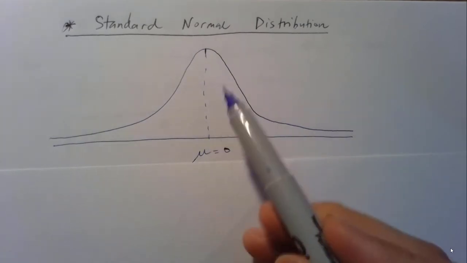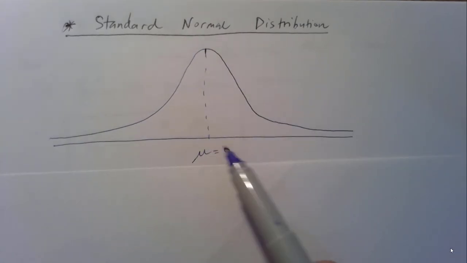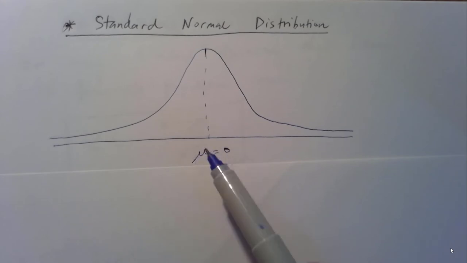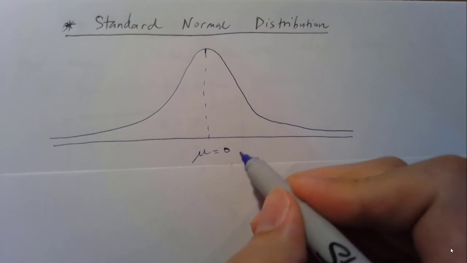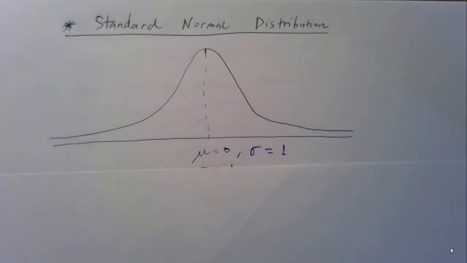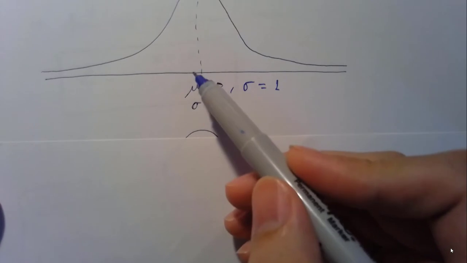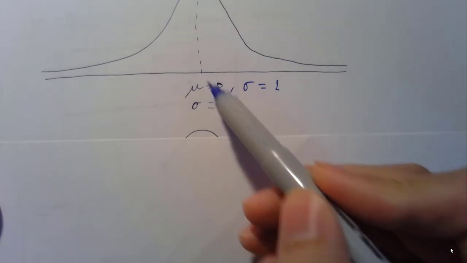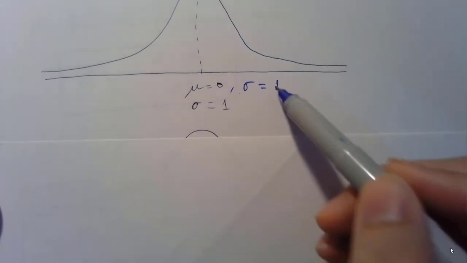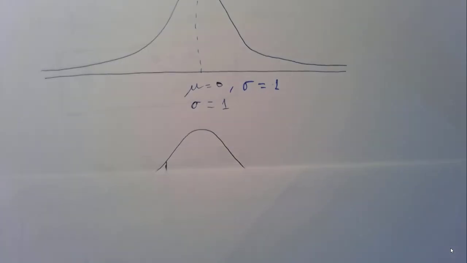The standard normal distribution is when we set the mean to be 0 and the standard deviation equal to 1. Again, the mean is at the center where it is equal to 0, and the standard deviation is equal to 1.